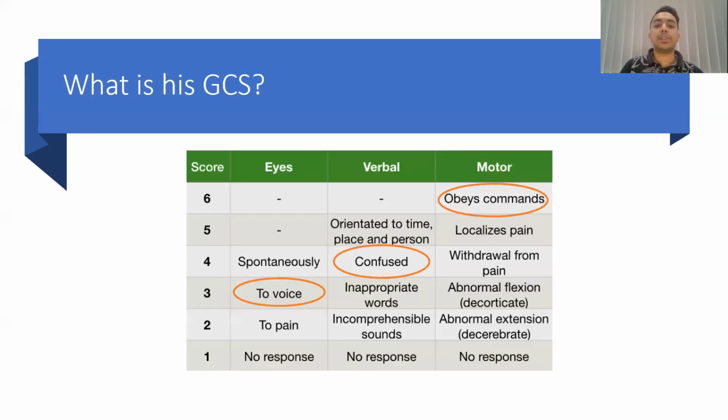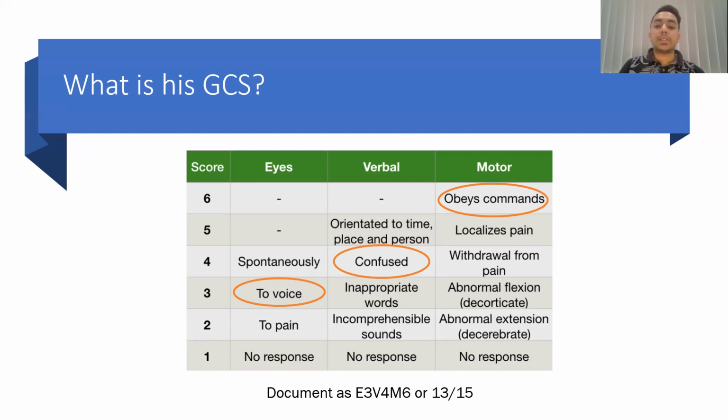Okay, so here is the GCS, and this is what the patient has scored. He has scored a 3 for his eyes, a 4 for his verbal, and a 6 for his motor. So you document it as E3, V4, M6, or a GCS of 13 over 15.